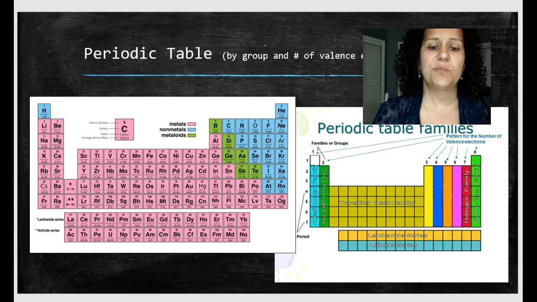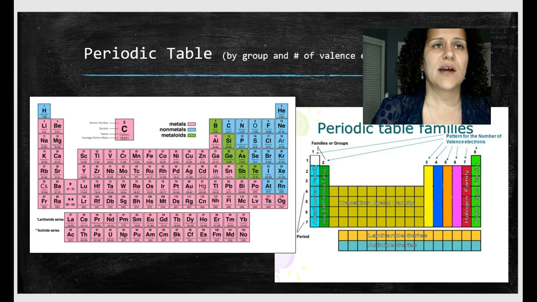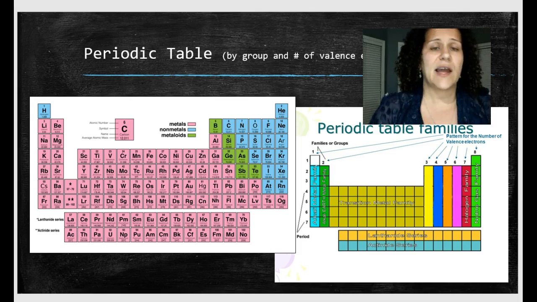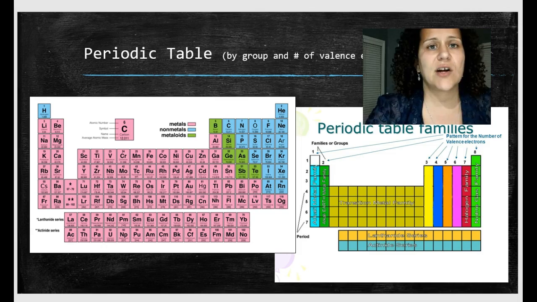So, quick review, periodic table. I have two different periodic tables here so that you can get a glimpse of what kind of elements, what kind of atoms, will go together. So we know that metals and nonmetals, when they bond, don't share electrons, they give or they take, and they form ionic compounds.